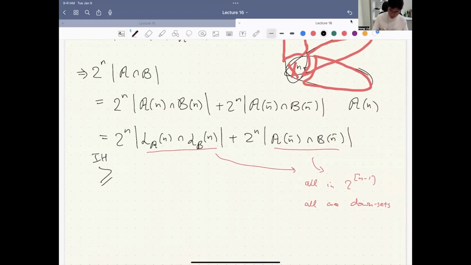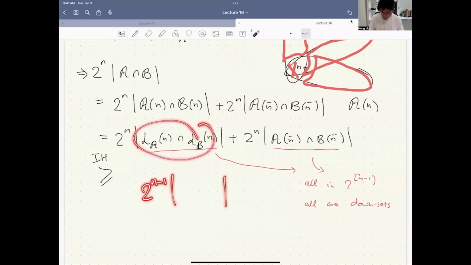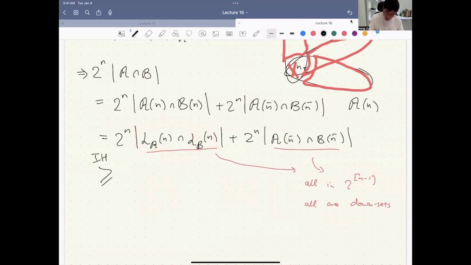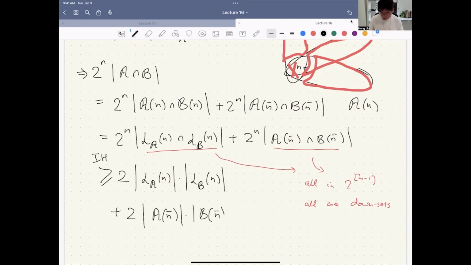So this is at least, what do I know? The induction hypothesis is 2 to the n minus 1 times this thing is at least the product of each one of them, not 2 to the n. We are in 2 to the n minus 1 now. So we should have 2 times the size of L(A_n) times the size of L(B_n), plus 2 times the size of A_n bar times the size of B_n bar.